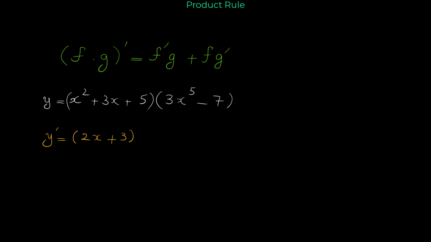Then don't forget to multiply f prime by g. What is g? G is the second function here. So we have to multiply this by 3x to the 5 minus 7, plus. Then we have to write f based on the formula, plus f.